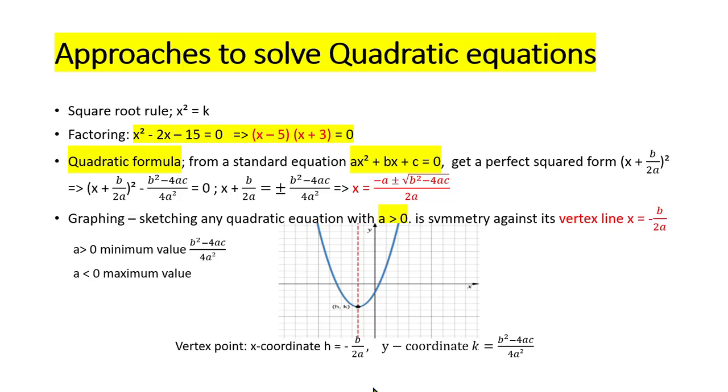And also the vertex line is kind of a symmetry line. The quadratic curve is perfectly symmetric against this vertex line. So the x coordinate of this vertex point, h, equals minus b over 2a, and the y coordinate, here this minimum value, is b squared minus 4ac over 4a squared. Okay?